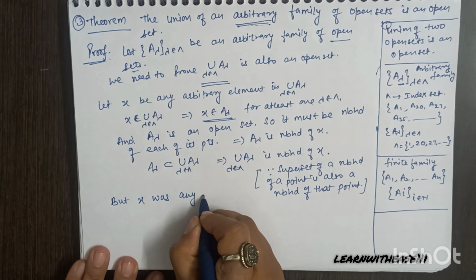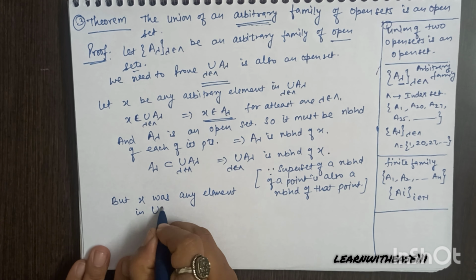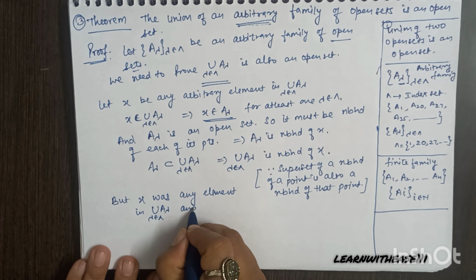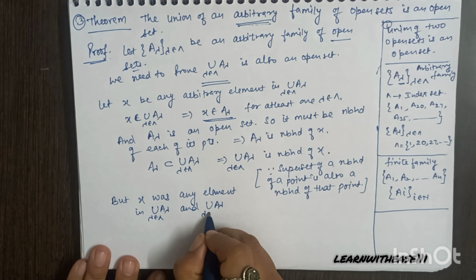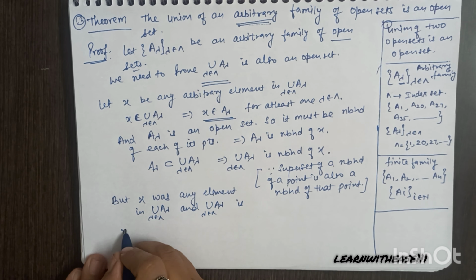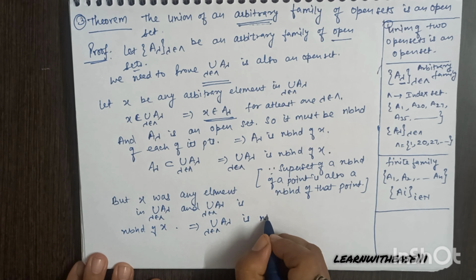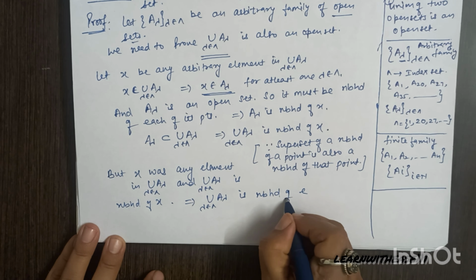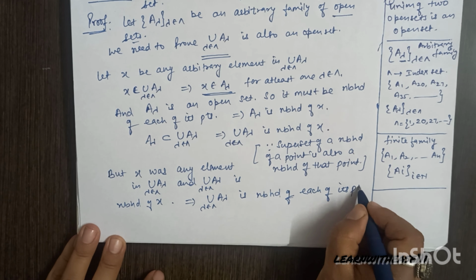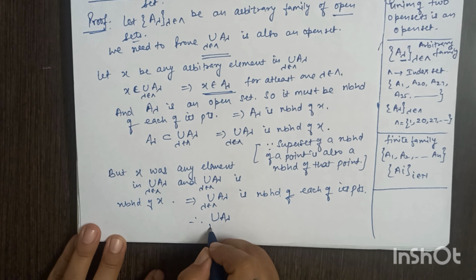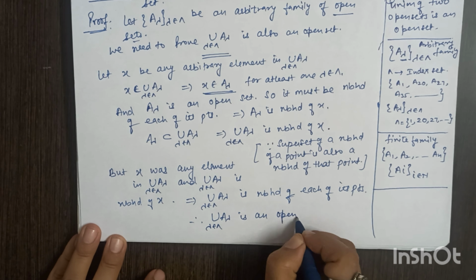So we have chosen an arbitrary element in the collection, and the union became a neighborhood of that element. That means the union is a neighborhood of each of its points. Hence the union of an arbitrary family of open sets is an open set.